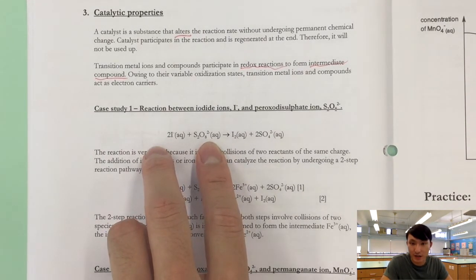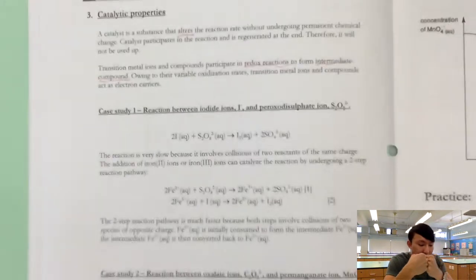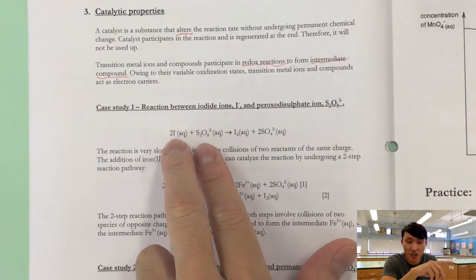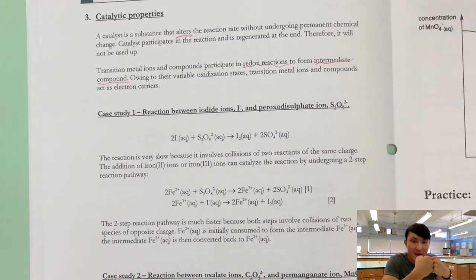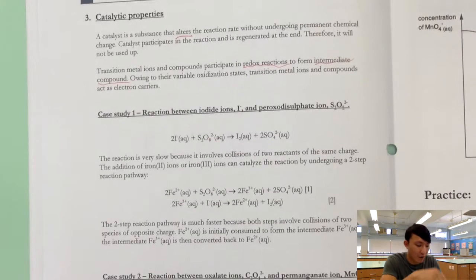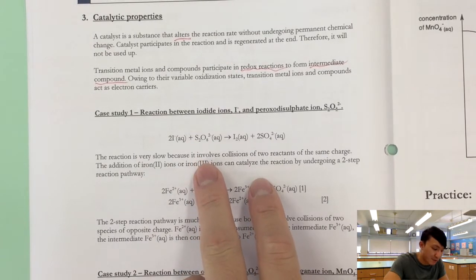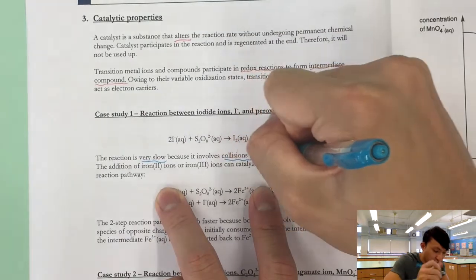And for a reaction to take place, it takes the species to collide with one another, right? Having both chemical species carrying the same charge, it is very difficult for them to approach each other and get collision. Therefore, this reaction is very, very slow. So you see here, very slow because of collision of the two reactants of the same charge.